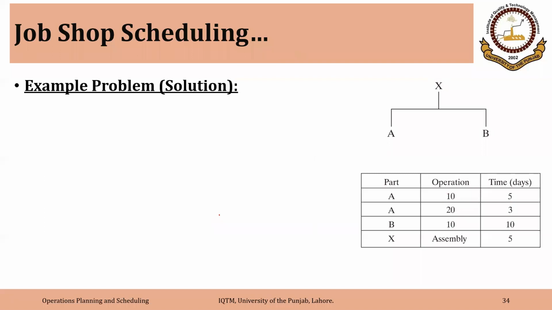So this is a simple example, but just to give you an idea, we will first solve for backward scheduling, and then we will see what will change if we are using forward scheduling. I'm not going to make a Gantt chart here, but just to give you a rough idea how we will actually make the plan.